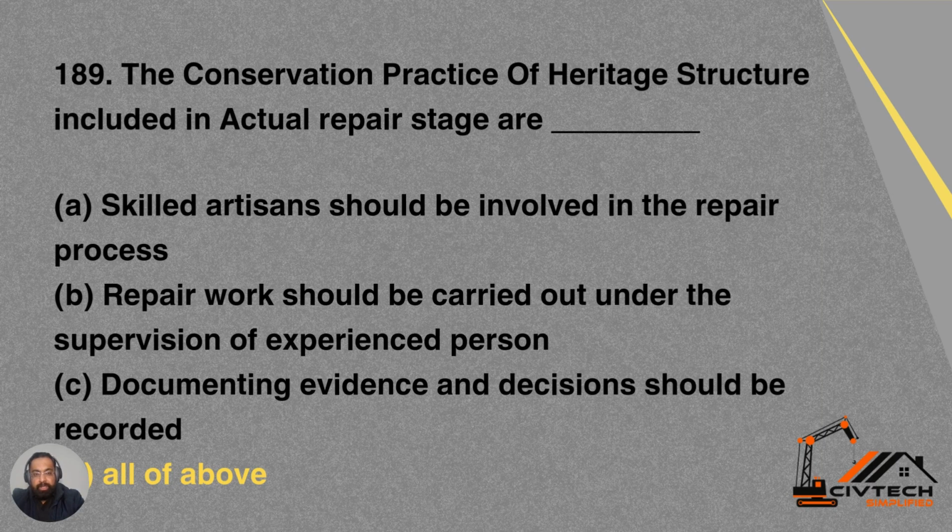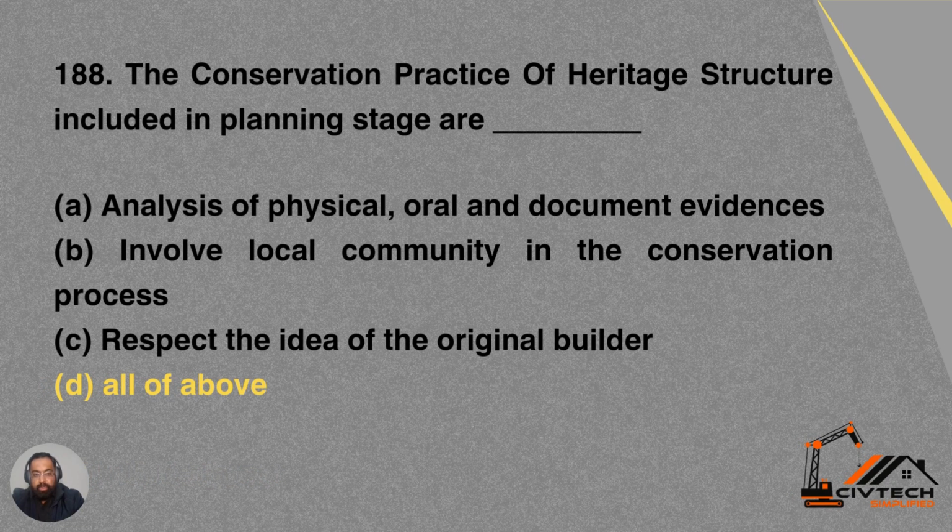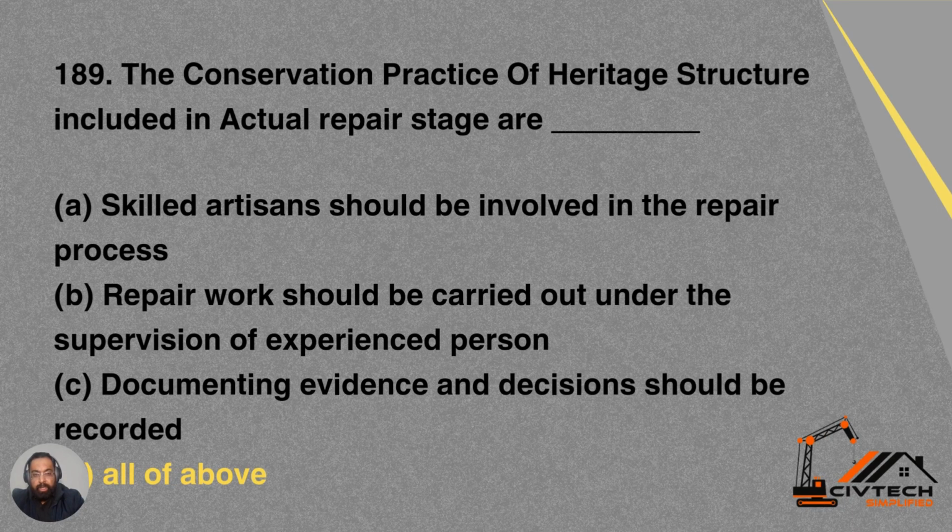So 189, the conservation practice of heritage structure included in actual repair stage are. The initial question was regarding the planning stage, and now the question is regarding the actual construction stage or repair stage. Option A, skilled artisans should be involved in the repair process.